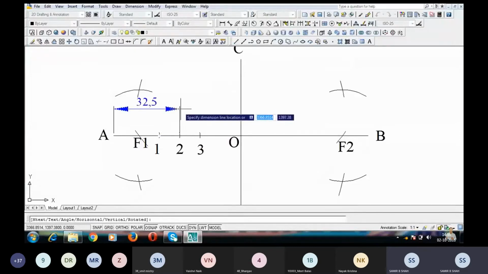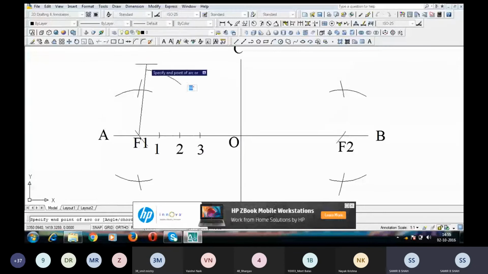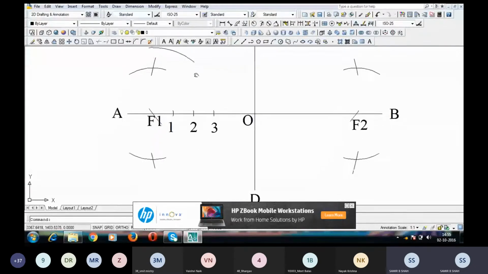A2. So this is working out as 32.5. So I need to take F1 as center, then put an arc of 32.5 over here and over here. All right. That's exactly what I was talking about.